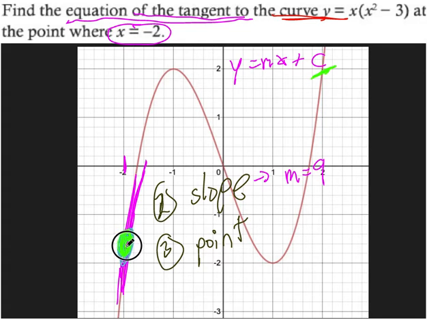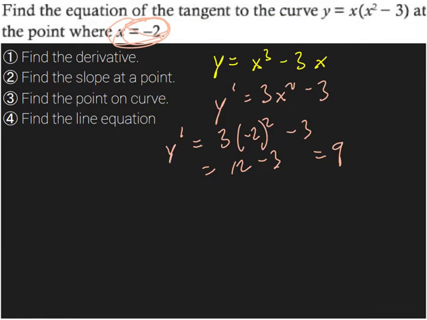Now this point is on both the line, but it's also on the curve. So we need to know the x and y coordinates of that point. We know x is -2. We need to find the y value. Now the point is on this curve, meaning we can use the function to figure out that point.